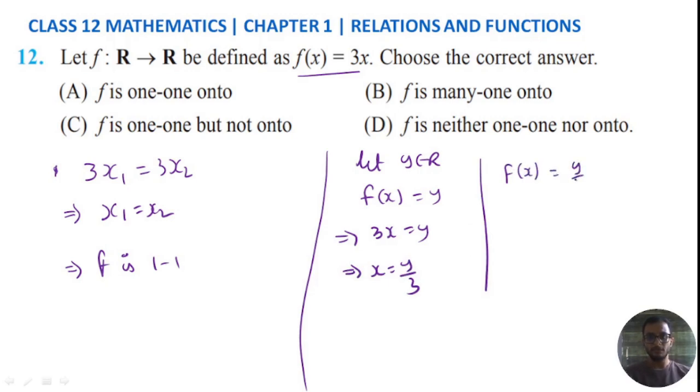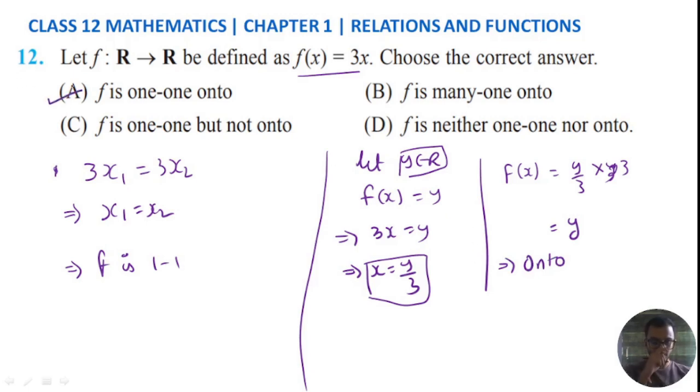It will be y by 3 into 3, so it will be y. So for whatever y I take from the codomain, I am able to find some x from the domain whose image is that y. So our function is onto. So f is one-one also and f is onto also, that is option A is the correct one.